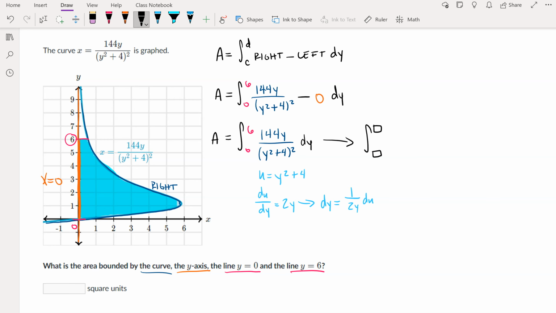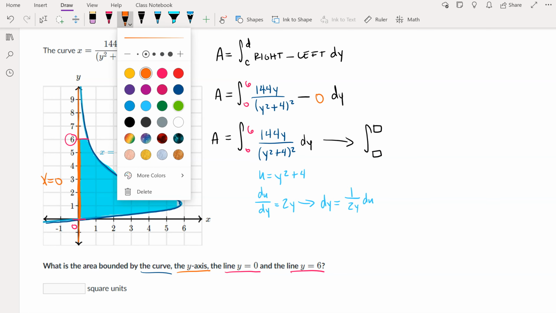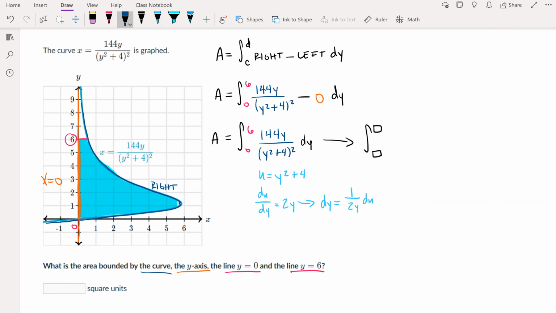So let's go ahead and plug in our u and stuff. So we have 144y over u squared, and then times 1 over 2y du.